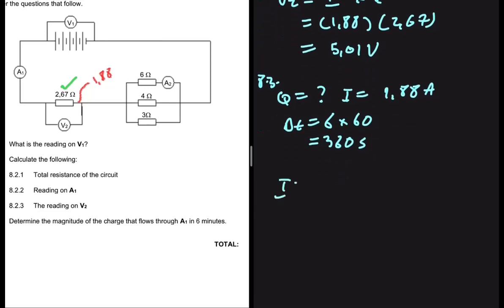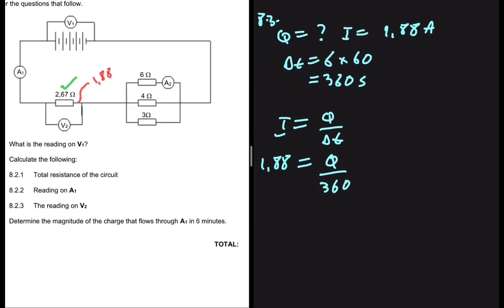So the current is equal to Q divided by delta T. What is the current? 1.88. It is equal to Q divided by delta T, which happens to be 360 seconds. If we cross multiply, we're going to get Q being equal to 676.8 coulombs.